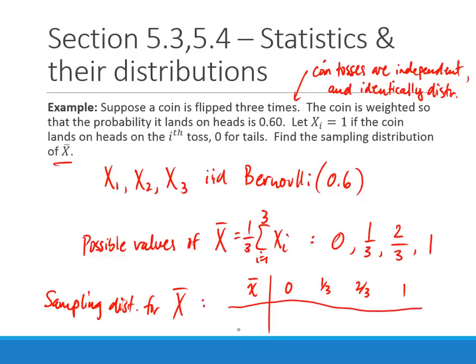And then the probability of each of those values, to summarize what we had on the next slide, is 0.064, 0.288, 0.432, and 0.216.